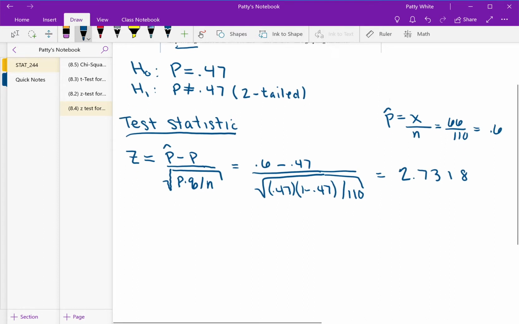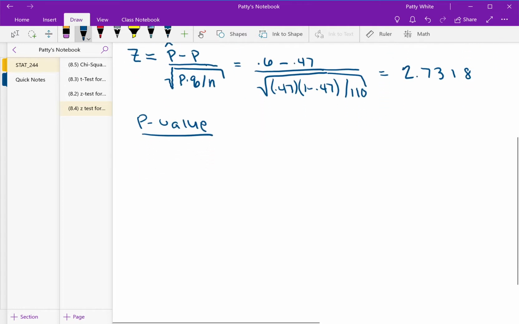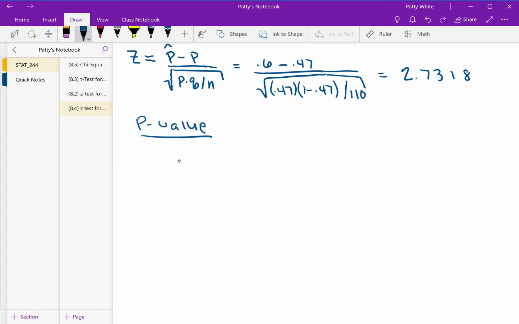If we want to find our p-value, we're going to find the area in the tail from our test statistic to the tail. So here's our p-value. Even though I'm not an artist, it still helps me to kind of sketch a normal distribution. So here's my normal distribution.